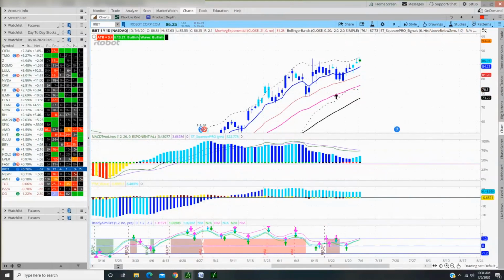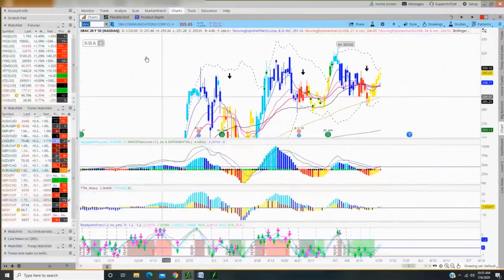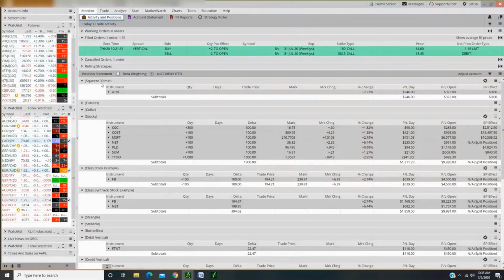SPY butterfly. Do I let it expire? No. I close my butterflies. If I can't get my 80%, or I don't know, it depends, the way the butterfly works. Do we put it in paper money? Did we put it in paper money?